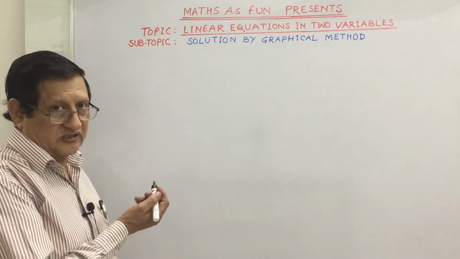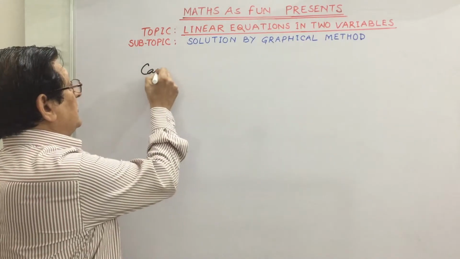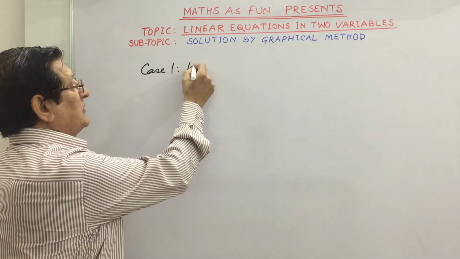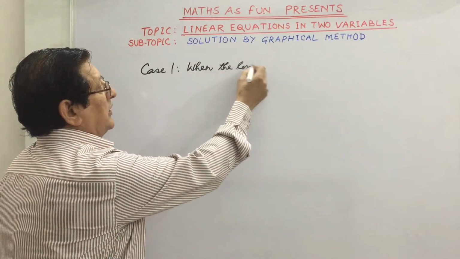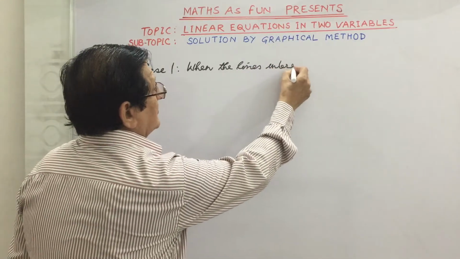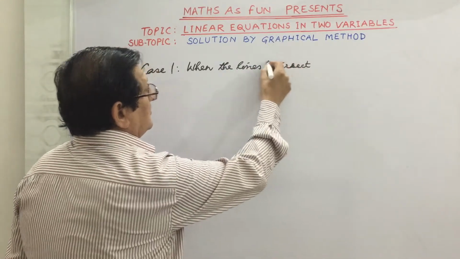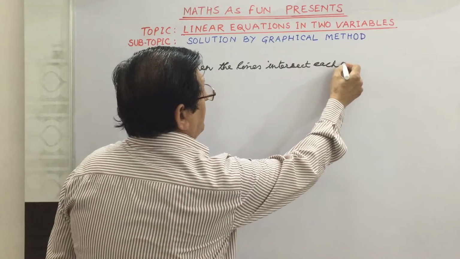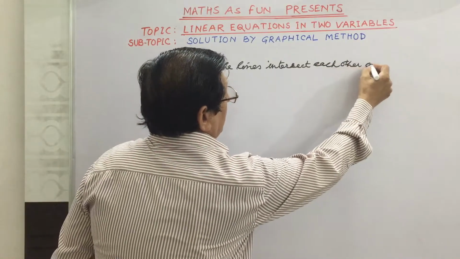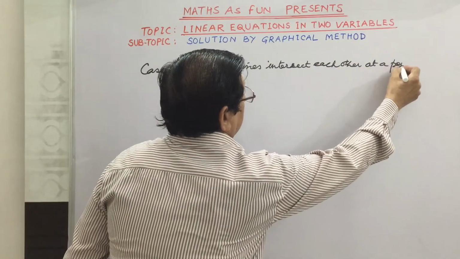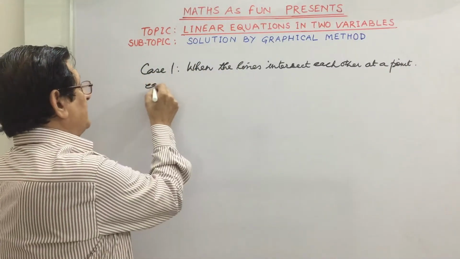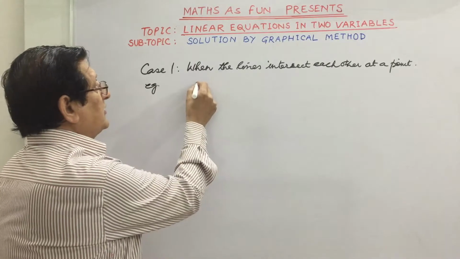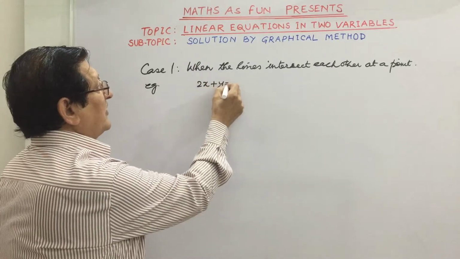Let us discuss the first case. Case 1 is when the lines intersect each other at a point. To understand this, we take an example. We are taking the equations 2x plus y equal to 5.